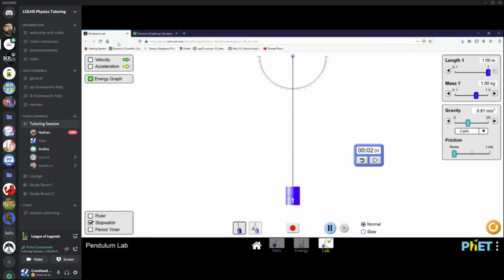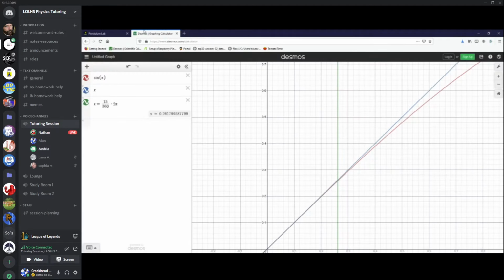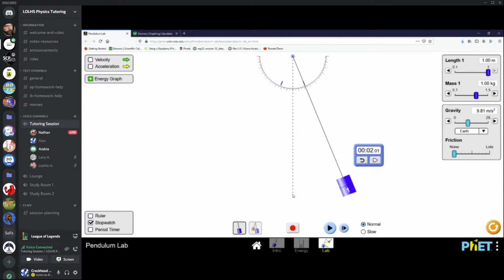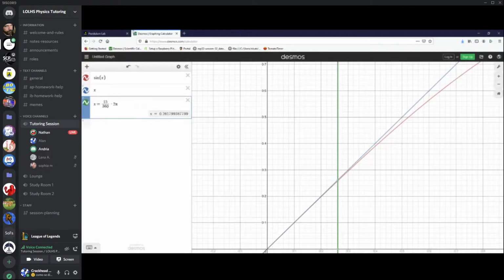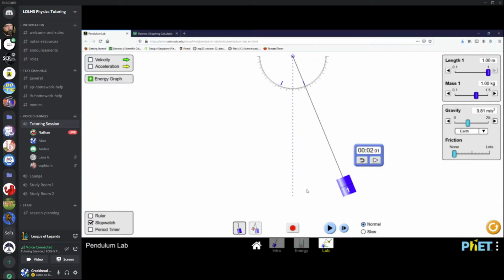And so what sine of x is relating to here is the restoring force, because if you held this here and drew a triangle here, and you know that gravity and tension are acting, you would get some percentage of force that is pulling it towards the middle, right? And so what this is saying is for angles below 15 degrees, the restoring force towards the middle is pretty much the same as if it was just pulling it straight towards the middle.